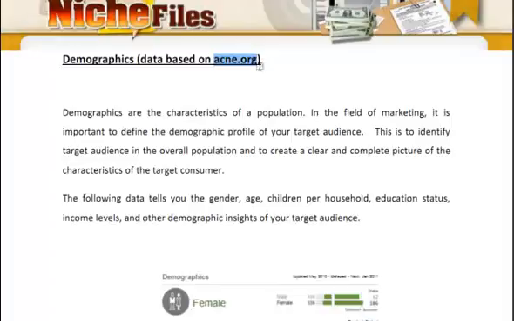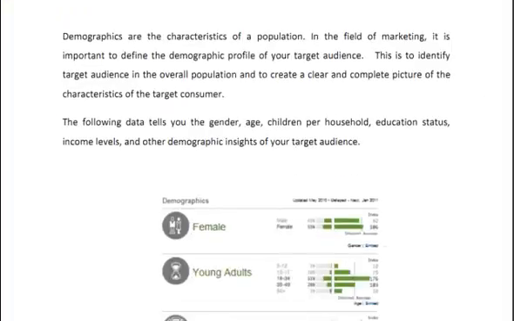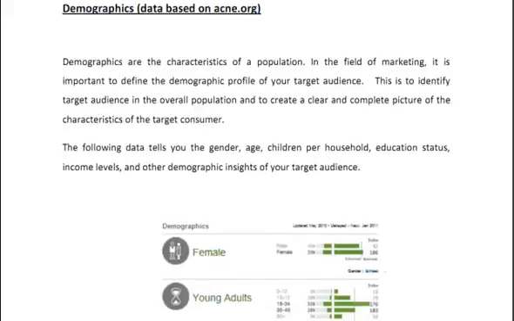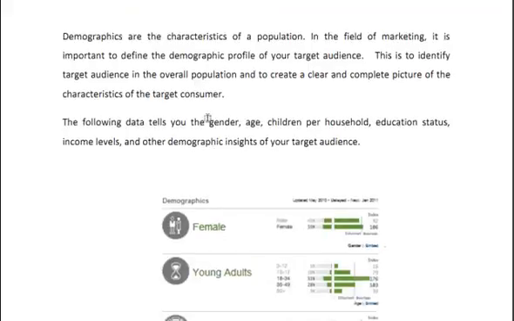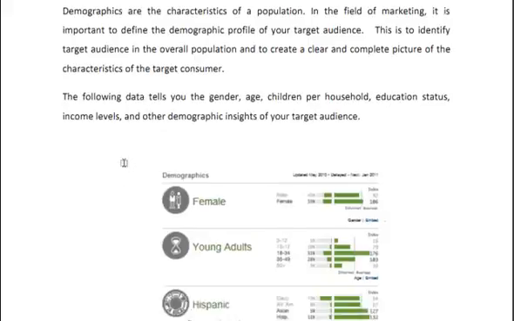This demographics data reviews things like the gender of your average prospect, age, children per household, education status, income levels, and ethnicity. This will help you identify who your average prospect is.